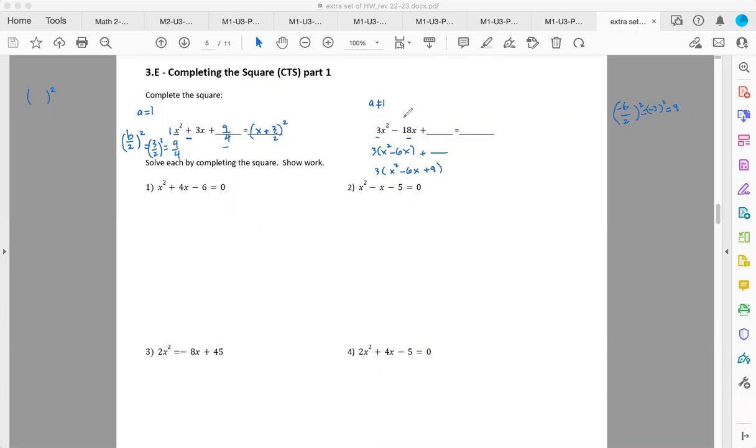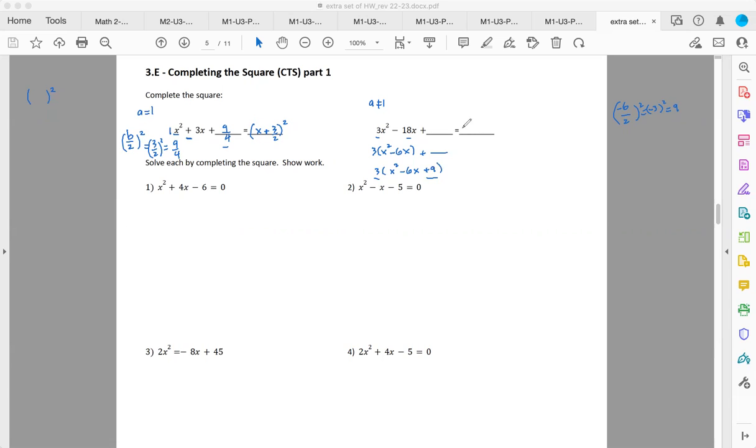But adding 9, just be super careful with that. What am I actually doing? I'm adding 9 to the inside, which means I'm really adding 27. I'm adding 3 times 9. So if I add 9 inside of this, I will be adding 27.